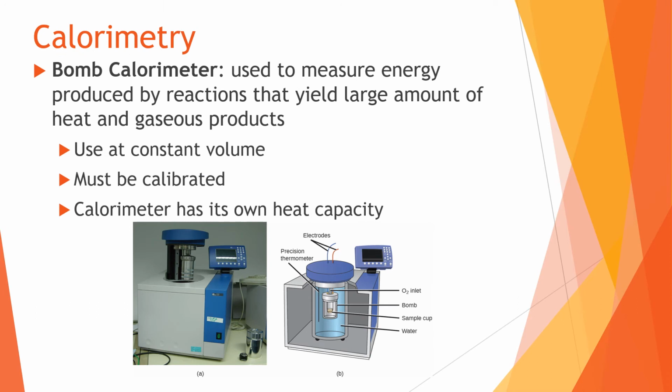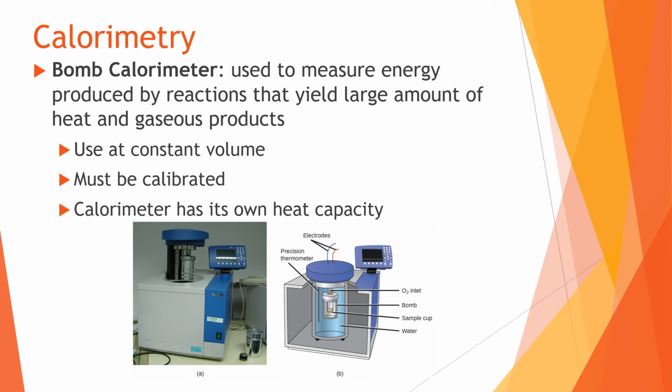Okay. So what if instead of using just that simple styrofoam coffee cup calorimeter, we use an actual calorimeter called a bomb calorimeter. It's used to measure energy produced by reactions that yield large amounts of heat. Typically here we're not putting a piece of metal down in the water. We're actually doing a chemical reaction and seeing how much energy is lost or gained in that reaction.